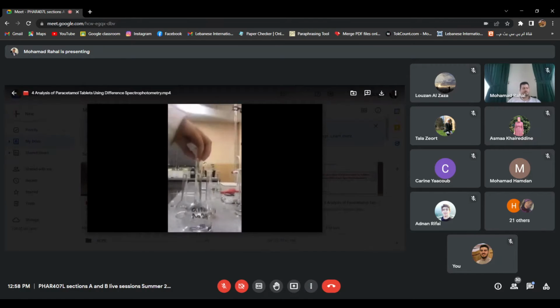We fill the first volumetric flask with the 0.1 normal sodium hydroxide.